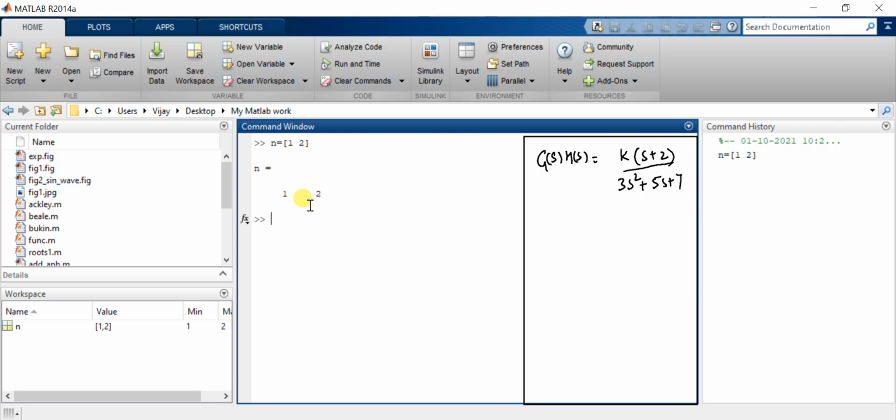So this is the n matrix, and now define the d matrix equal to 3, 5 and 7. Now you can simply draw the root locus by writing rlocus and passing these two parameters to this function, n comma d.